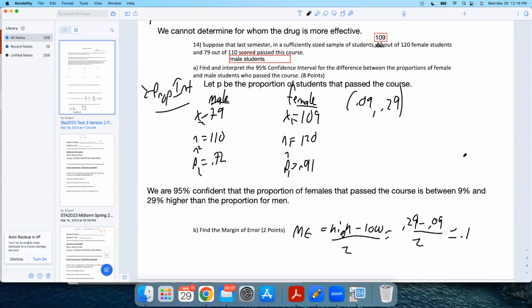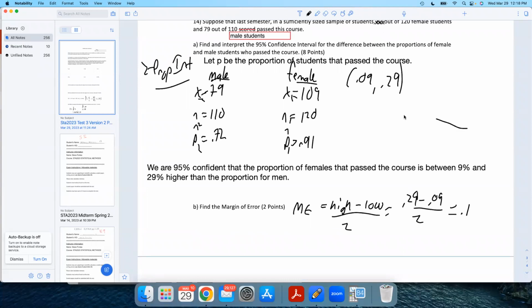So like, we're done. That's the end of the problem. I just want to show you that if I were to graph this out, here's P1 minus P2. This is what I'm trying to estimate. The difference between the two, it's about 20% plus or minus some.